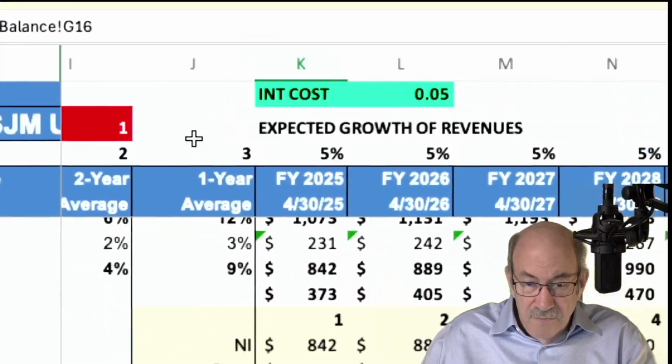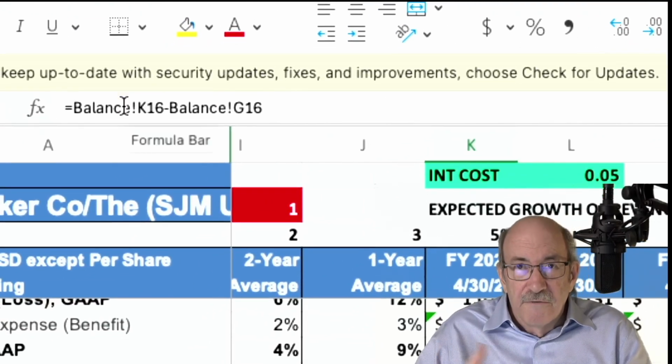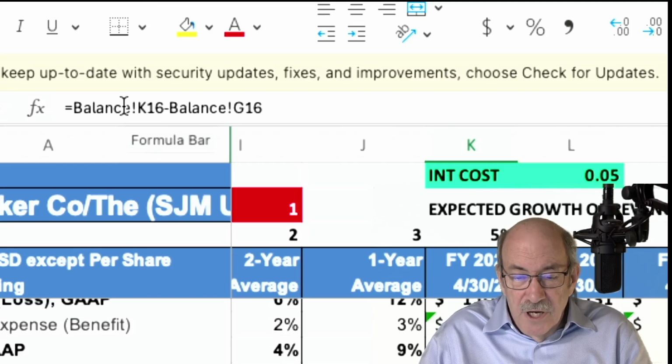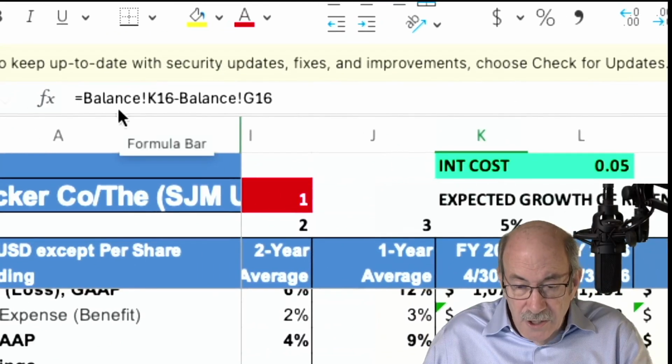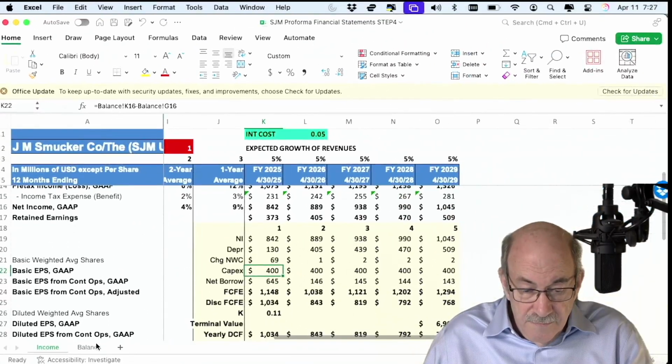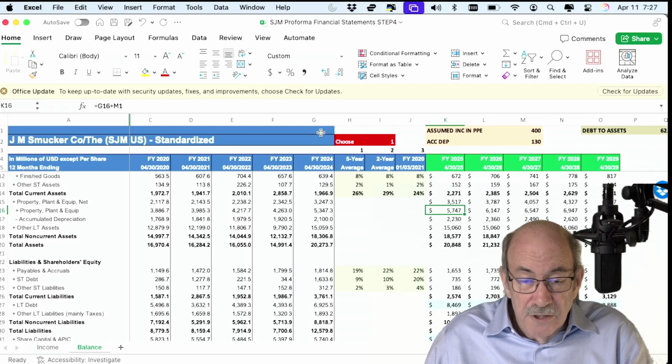CapEx, similarly, I'm taking the current year's gross plant, property, and equipment, and I'm subtracting from it the prior year. It's gross, not net, my apologies.